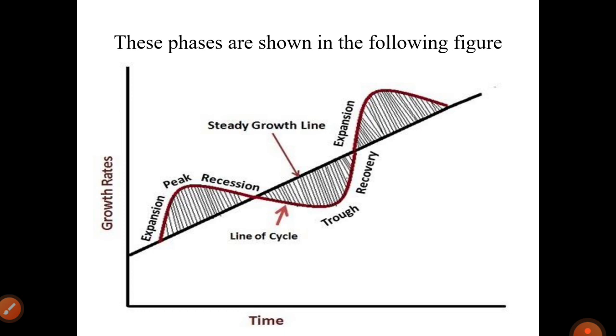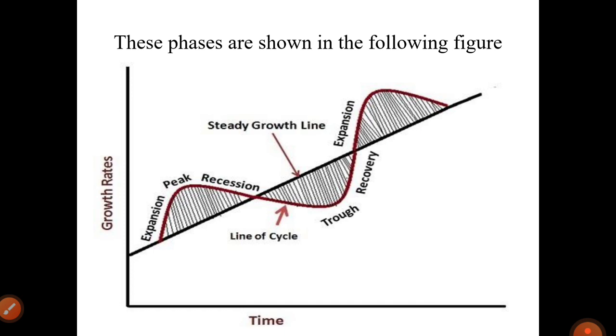Similarly, we cannot say that our economy will always be in the expansion stage, or always in the recession stage. Our economy will be in an upward stage or a downward stage. This movement is basically called the fluctuation of the business cycle.